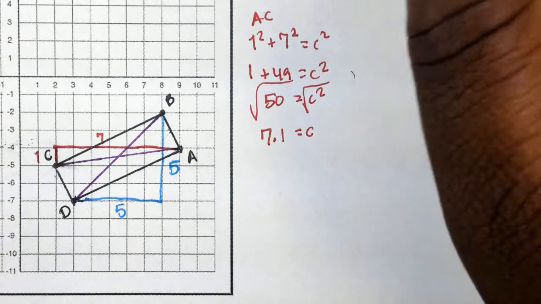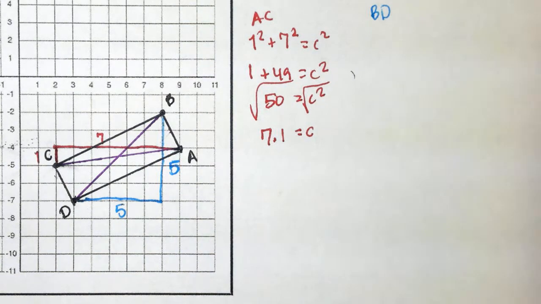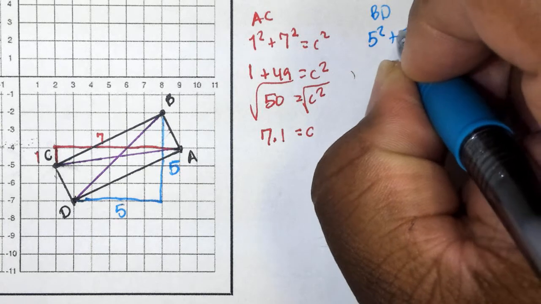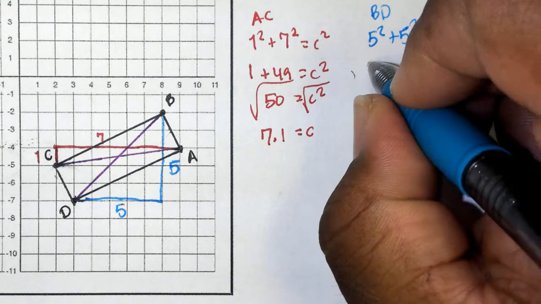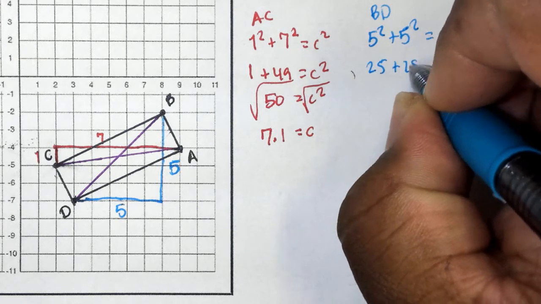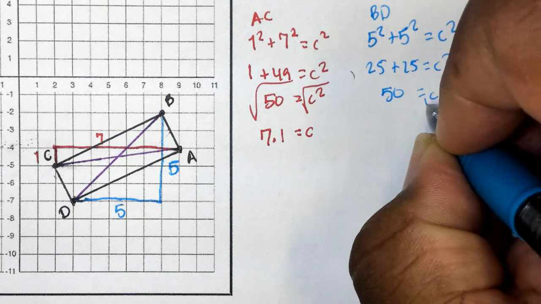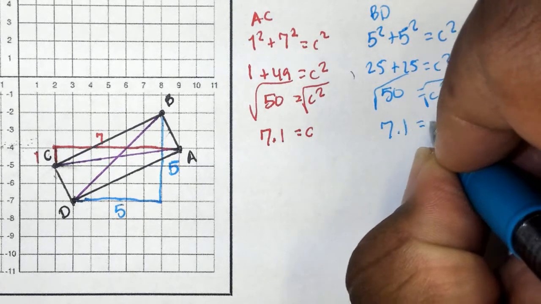And then the other one you need to check is BD, that diagonal. BD was 5 and 5, so 5 squared plus 5 squared equals C squared. 25 plus 25 equals C squared. 50 equals C squared, square root. And 7.1 again.